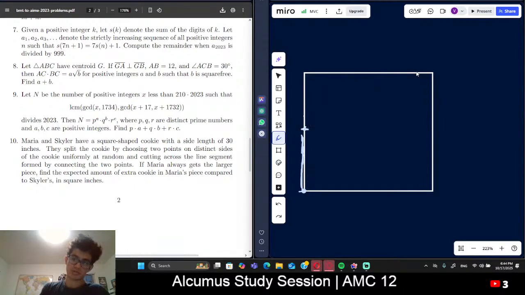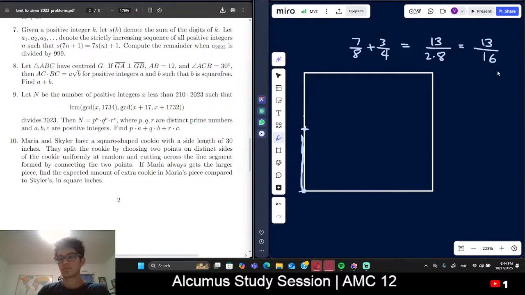It should be the average of 7/8 and 3/4, which is 13 over 16. 13 over 16 is the average for that one section.